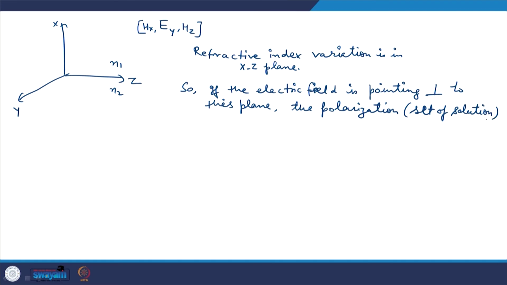I told you about two independent sets of solutions. So, this is called transverse electric, or TE polarized, or you can say S polarized.